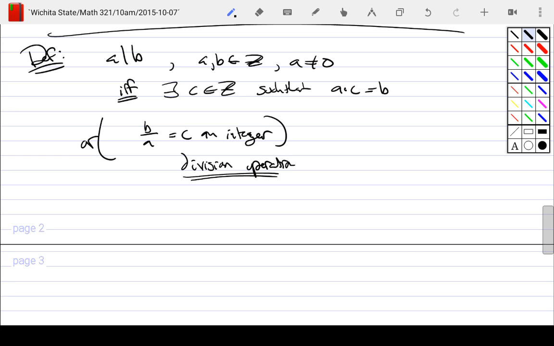Division is for the reals, not the ints. But if you take an int, divide it by an int, and you get an int, that's a subset of the reals, right? You could say that, okay, fine, c is my number, that would work. If you want to pull out a calculator, 3 divides 12. Why? Because if I take 12 divided by 3, I would get a 4, so all 3 people get 4. If you want to do it that way, you can do it that way.